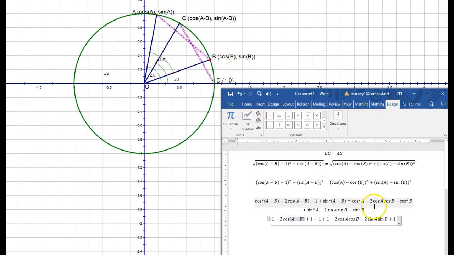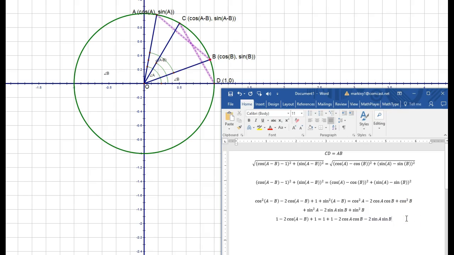And we carry on with minus 2 cosine A cosine B, and minus 2 sine A sine B. I have an extra one here. I'll take that on now. So we can simplify a little bit.